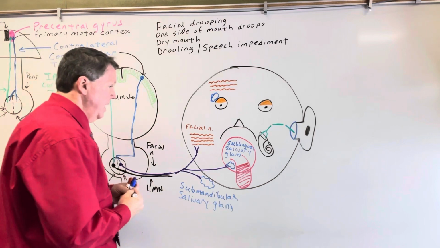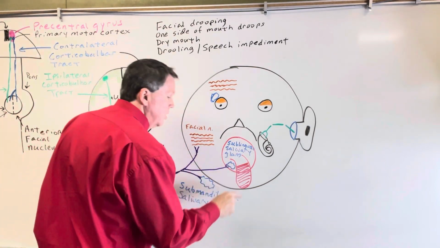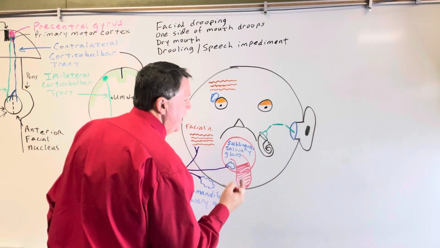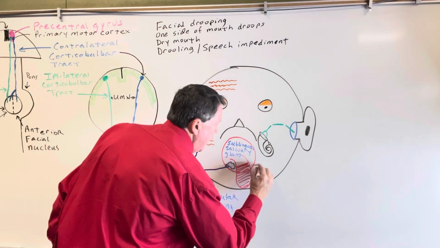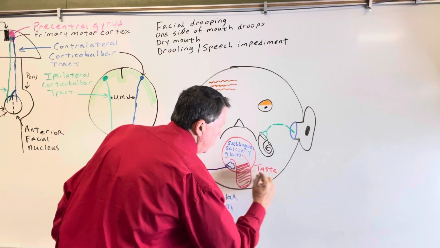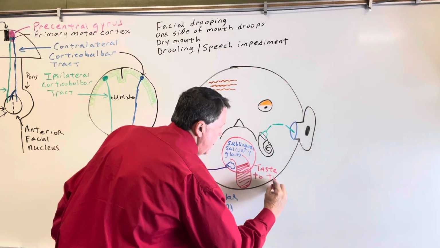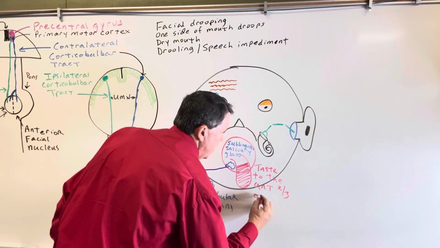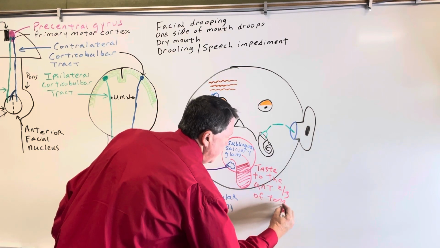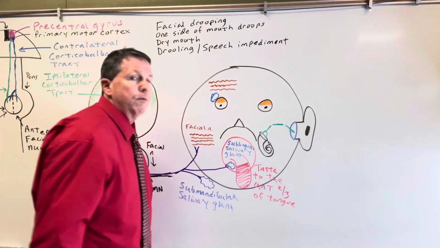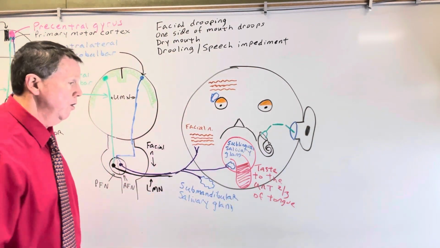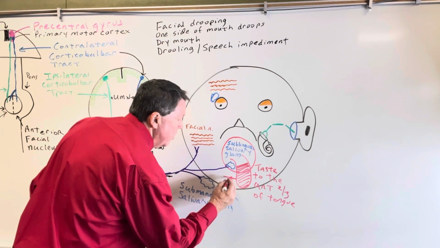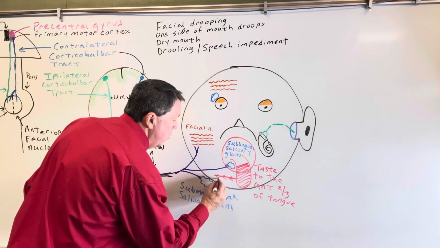Now let's look at the next thing that's going to happen. This is the tongue, okay? So what happens with the tongue is the facial nerve is responsible for taste to the anterior 2/3 of the tongue. This is going to be a little bit different because if you recall, we talked about the facial nerve also being a sensory nerve. So we have nerves that come from the tongue and they start going back towards the brain.